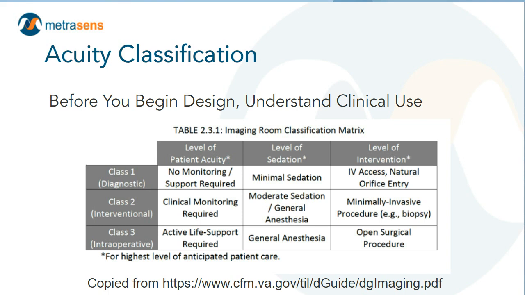We have had this everywhere else in the hospital for years and years and years. We just call them exam rooms, procedure rooms, and operating rooms. Non-invasive, minimally invasive, or seriously invasive. And now we're simply applying the criteria we have always applied elsewhere in the hospital to imaging services.